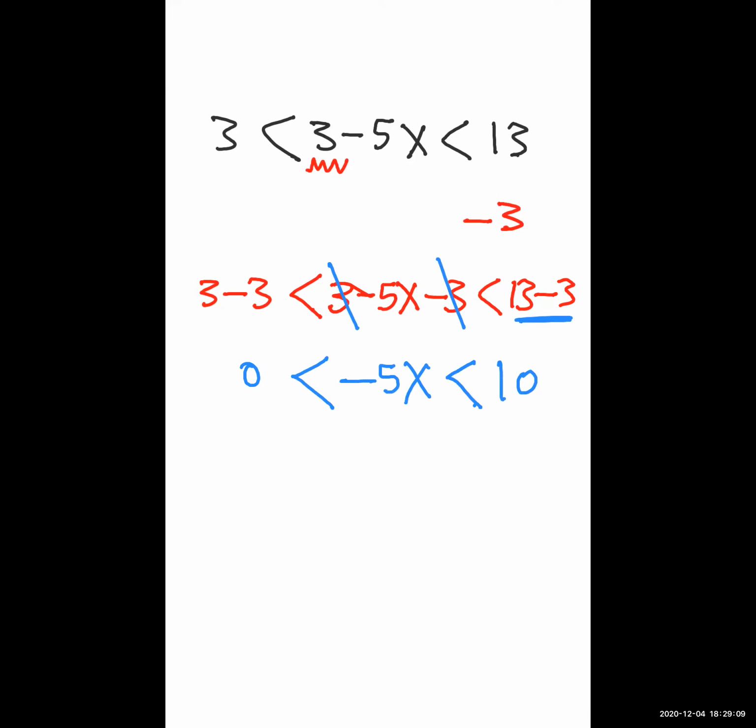Okay, now I want to get only x, so divide by negative 5. Now, guys, I'm dividing by a negative number, right? So I have to change the symbol.